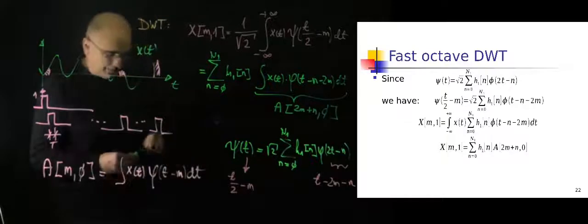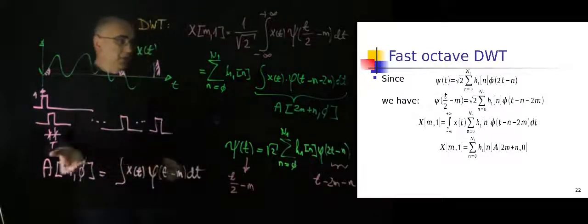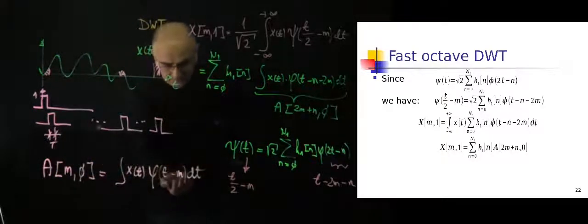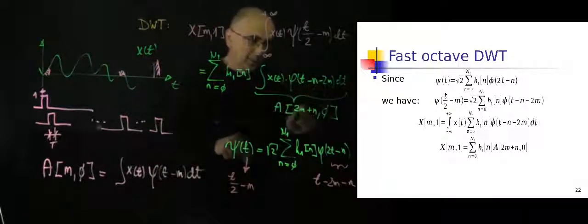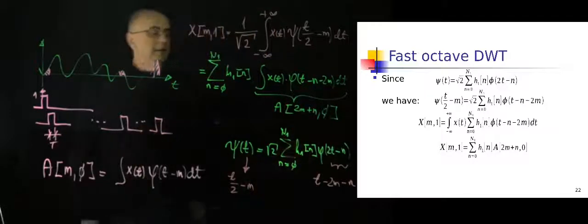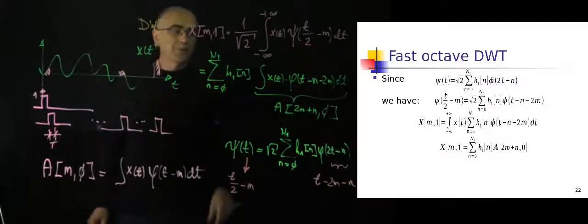Instead of m, we put 2m plus n as follows from this expression.